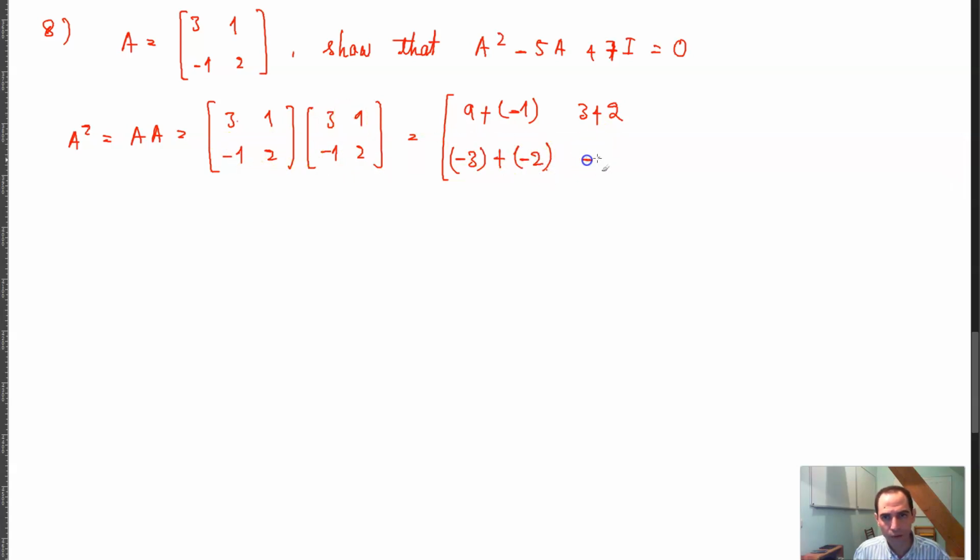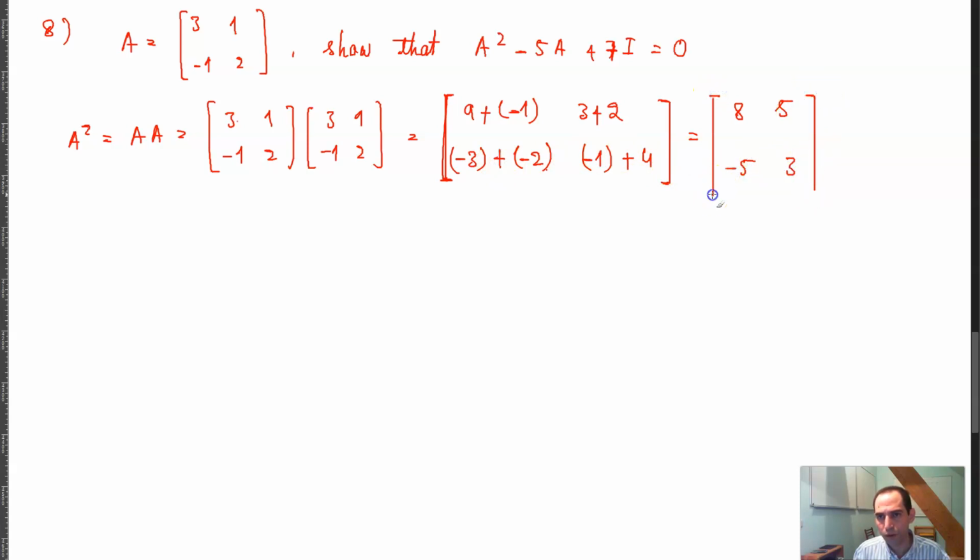Then this row times this column is negative 1 times negative 1 plus 4. Nine minus 1 is equal to 8. 3 plus 2 is equal to 5. That's negative 5. And 4 minus 1 is equal to 3.